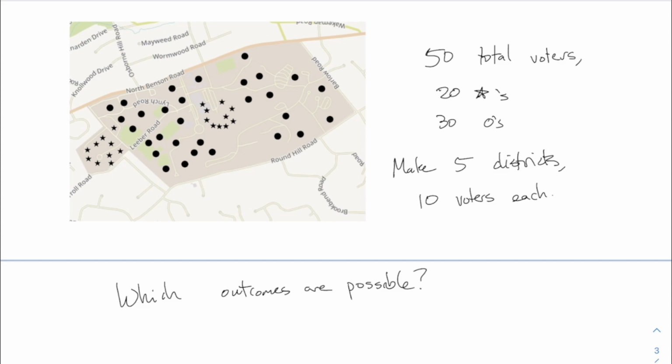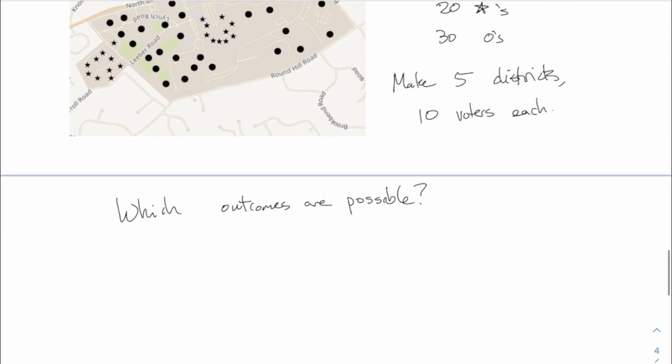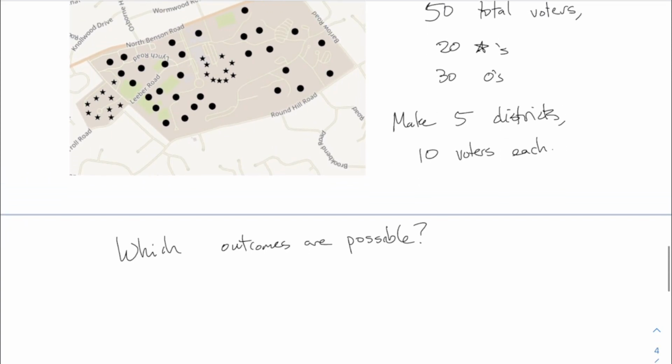All right. Remember, this has everything to do with the threshold to win each district. So the way to answer this question, which outcomes are possible, you always have to think of it in terms of the threshold to win a district, which is, how many people do you need to win in each district?